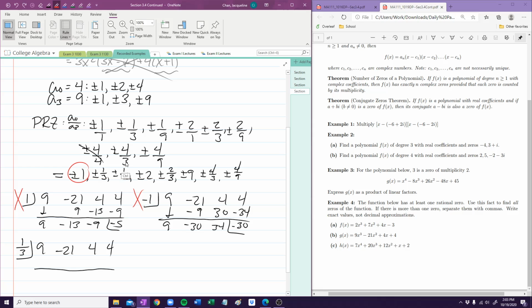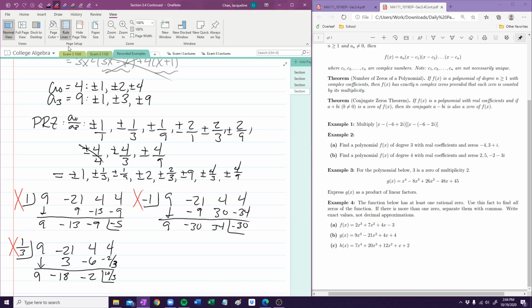I like to go in order just because it's easier to keep track of, but it's up to you. So here's 9. This is going to be 3, so this is negative 18. Then this is negative 6, then negative 2, negative 2/3. So this would be 12/3, so this is going to be 10/3. So not 0.